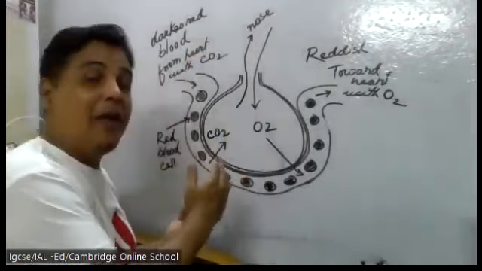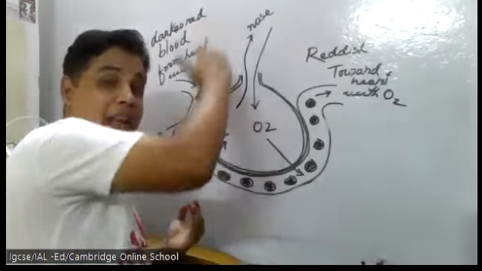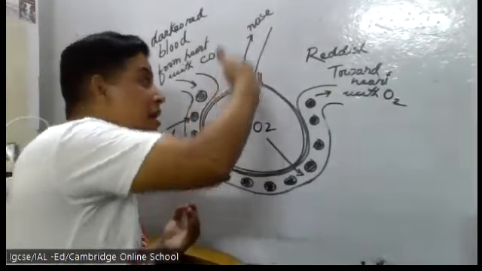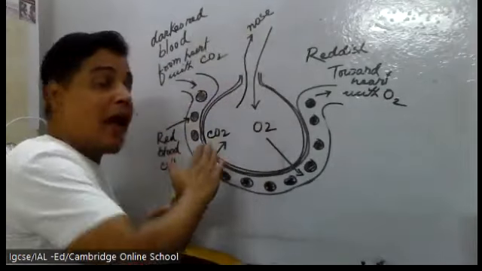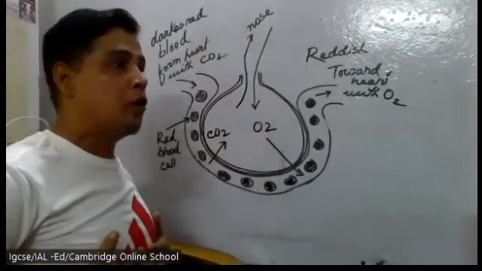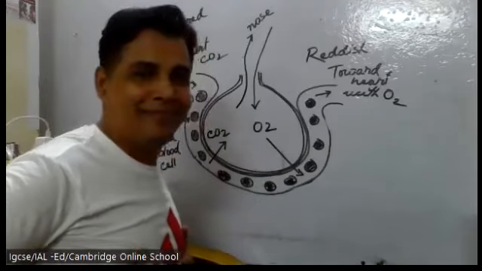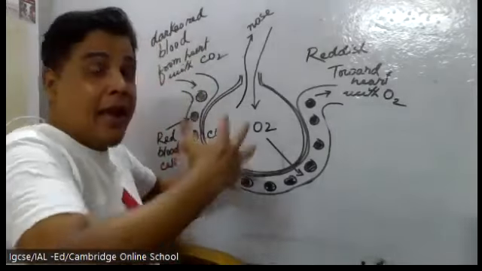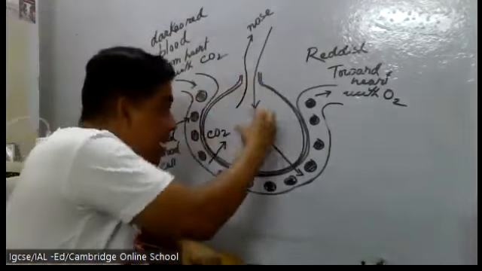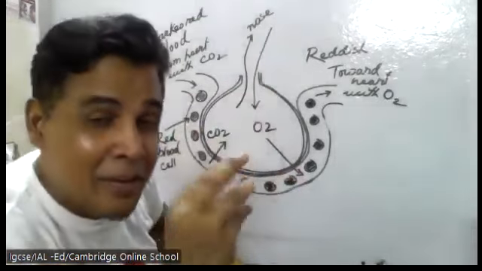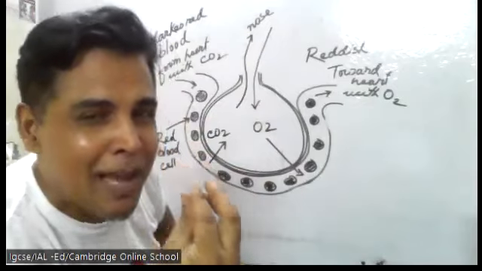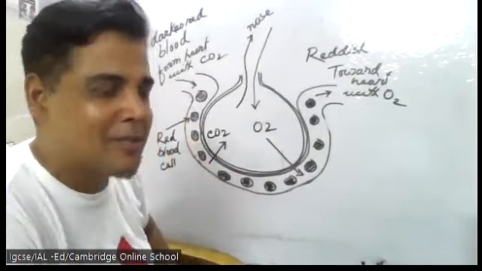At the time of inhale, oxygen enters. At the time of exhale, carbon dioxide goes out through the nose. Again, at the time of inhale, oxygen is entering into the lungs, into the alveoli, the small compartment of the lungs.